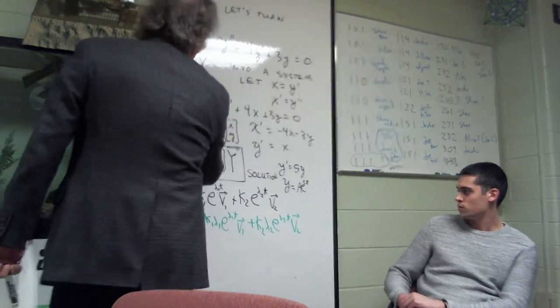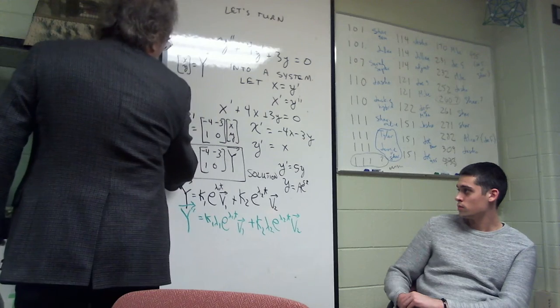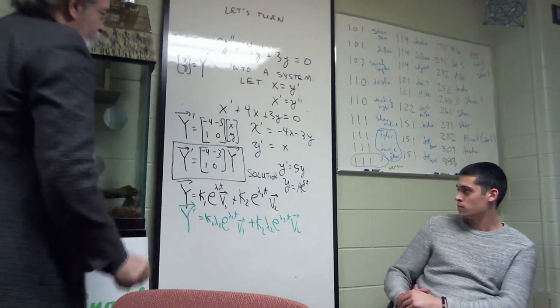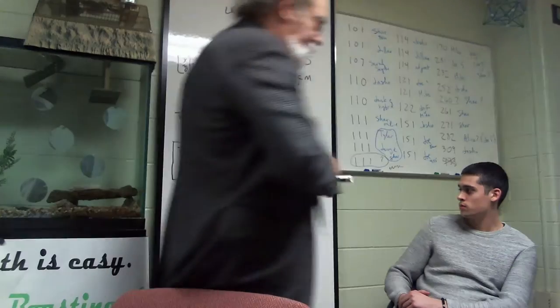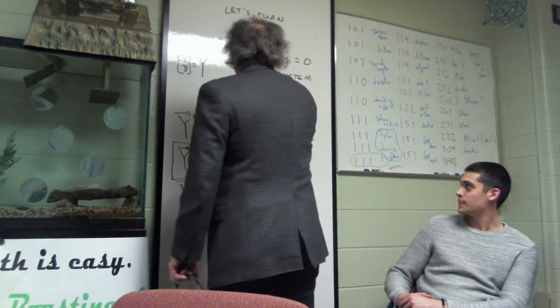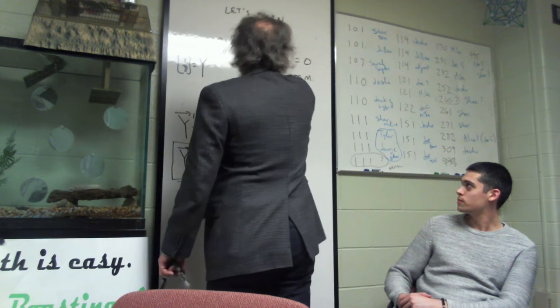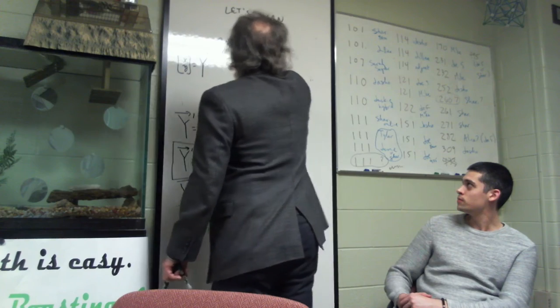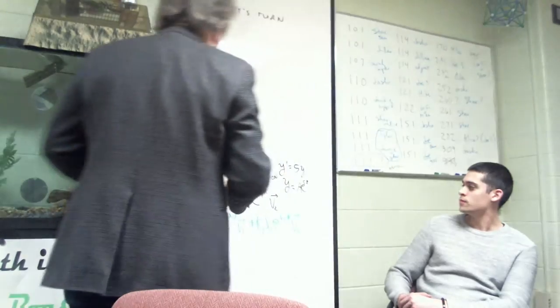Well, that's the y prime side. We want the y prime side to be equal to the matrix times y. So let me erase right here. What happens when you do a matrix times v1? I'm checking this side.